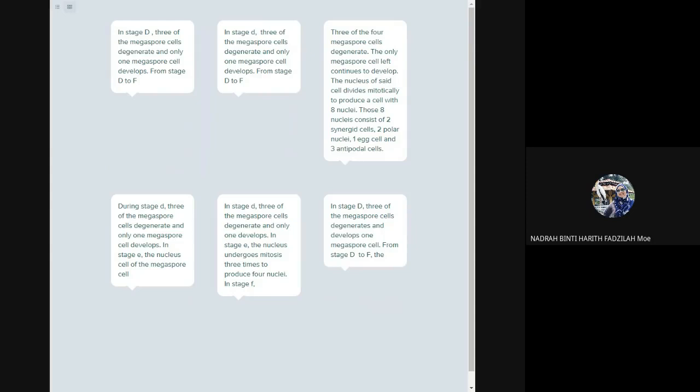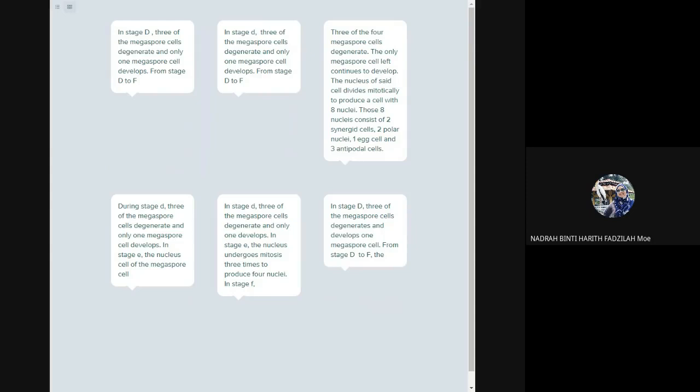So dekat statement situ, berapa kali mitosis tak cerita. So berapa kali mitosis tu sebenarnya bagi markah. Daripada 1 megaspore jadi 8 nuclei, so kena berapa kali mitosis? Sebab kalau kamu sebut cell divides mitotically saja, sekali mitosis baru dapat 2 nukleus.